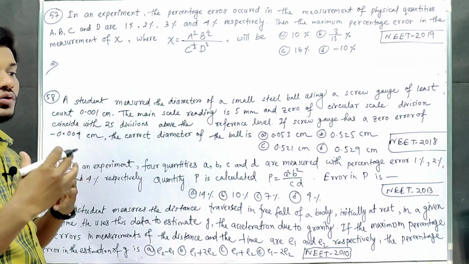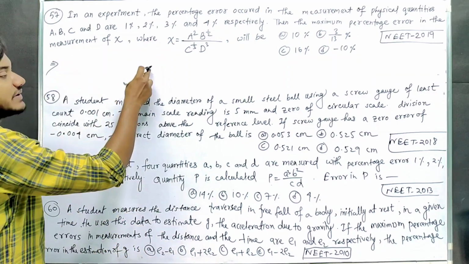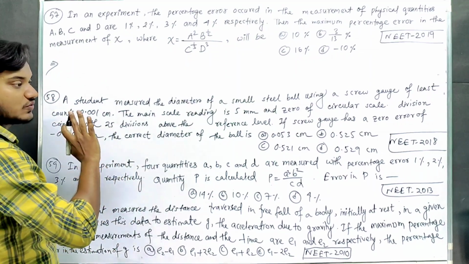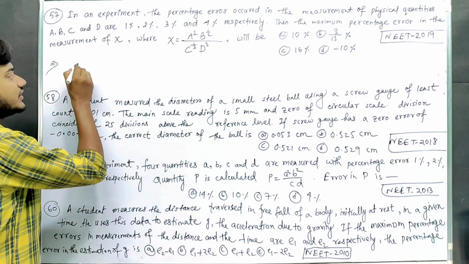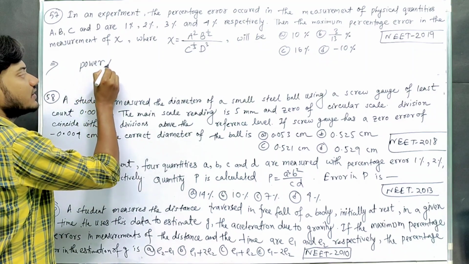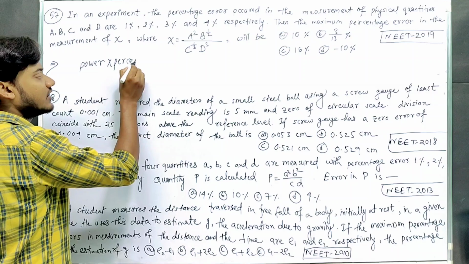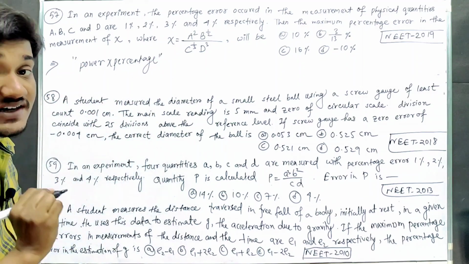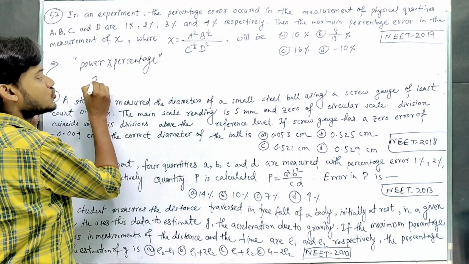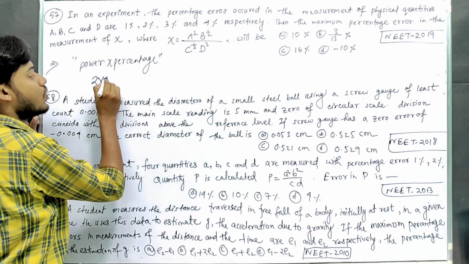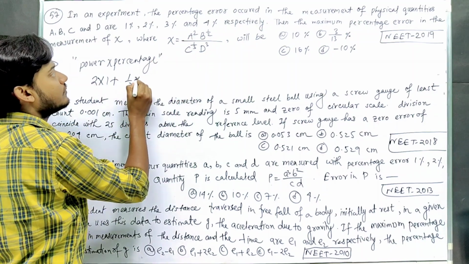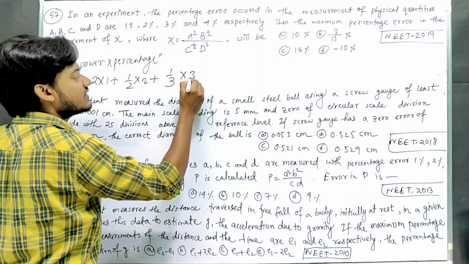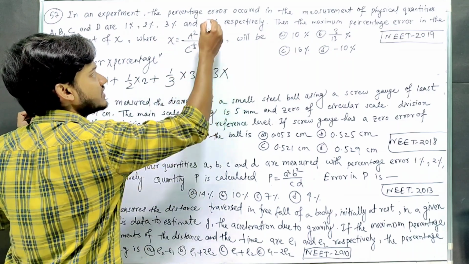Don't try to do this math the usual way, like delta X by X into 100, 2 delta, there's no need for that much hassle. Just use this trick, power into percentage, and you will have the answer. This is the short trick, power multiplied by percentage. Here power of A is 2, percentage of A 1, power of B half, percentage of B 2, power of C 1/3, percentage of C 3, power of D 3, percentage of D 4.